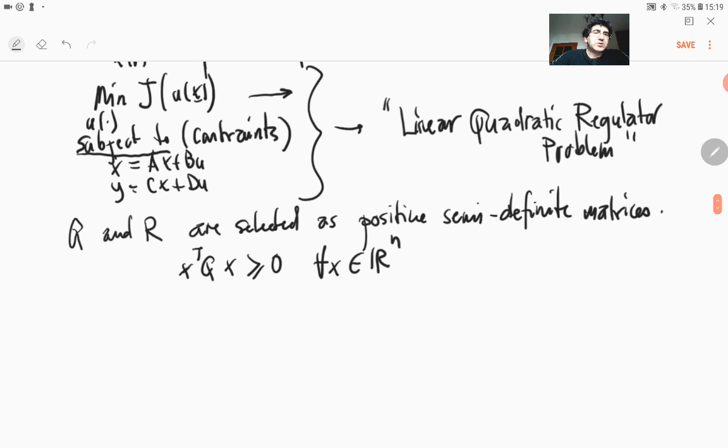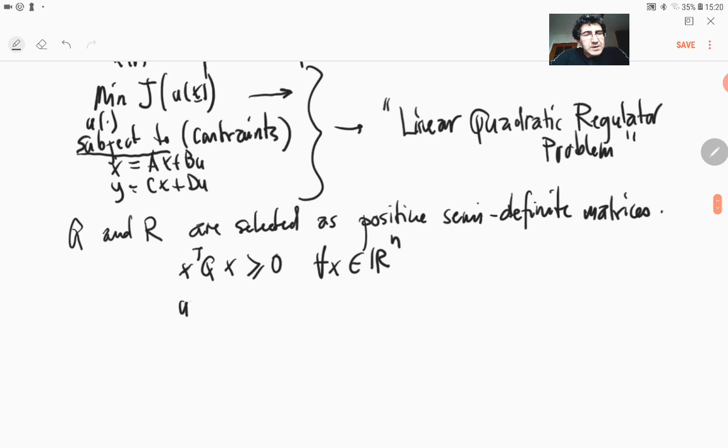That is the definition of positive semi-definiteness. It means that the first term in our objective function has to be positive or 0, by the selection of the Q matrix, independent of what the states do.